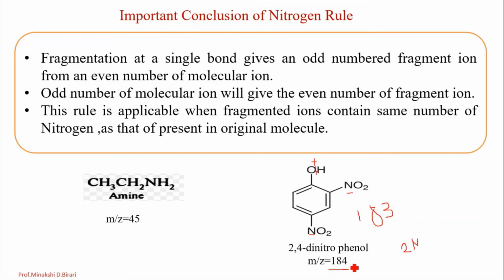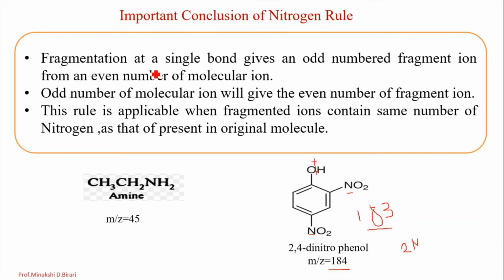The molecular ion peak is observed at the even value 184, but when further fragmentation occurs, the fragment ion peak is observed at m/z 183. But the number of nitrogens in both the molecular ion and the fragment ion is two. So this will be the first important conclusion.